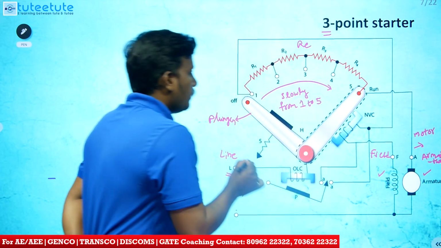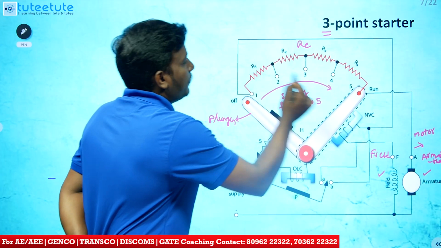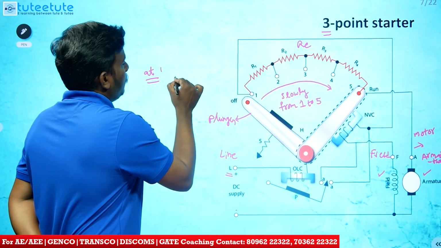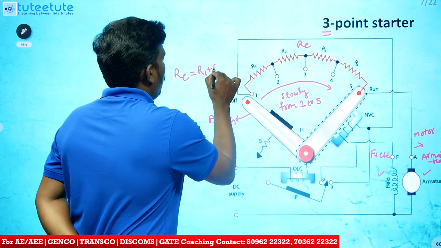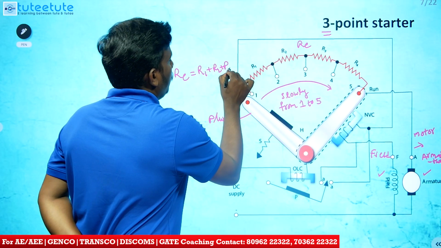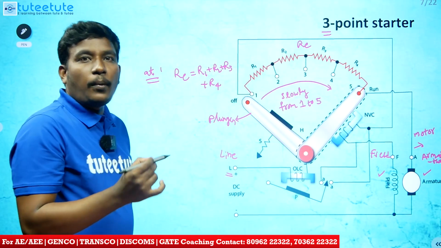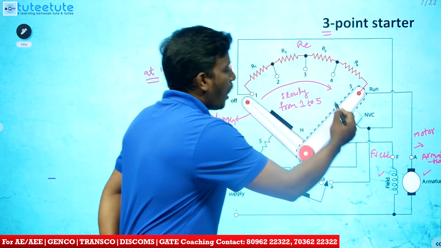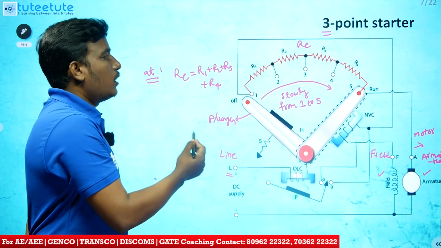Whenever the plunger is at position 1, the total external resistance included in the armature circuit is R1 plus R2 plus R3 plus R4.